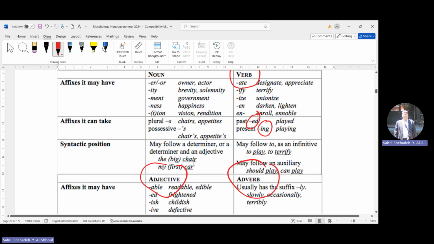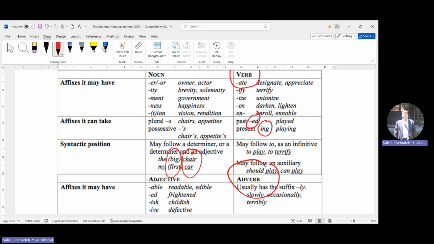Is there any syntactic position for the nouns? Yes, they may follow a determiner, or a determiner and an adjective, as in the big chair, my first car, and so on and so forth. So this is the noun, right? And it is preceded by a determiner and an adjective.